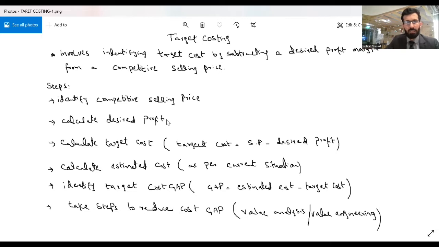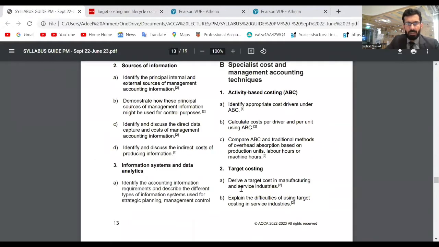And then what our shareholders expect from us, this is what we have to apply. That desired profit margin is then subtracted, as you can see, from the competitive selling price. Once it is subtracted, we arrive at the target cost, which is a calculation. And by the way, this is part of the syllabus area where we have to derive a target cost in manufacturing and service industries.